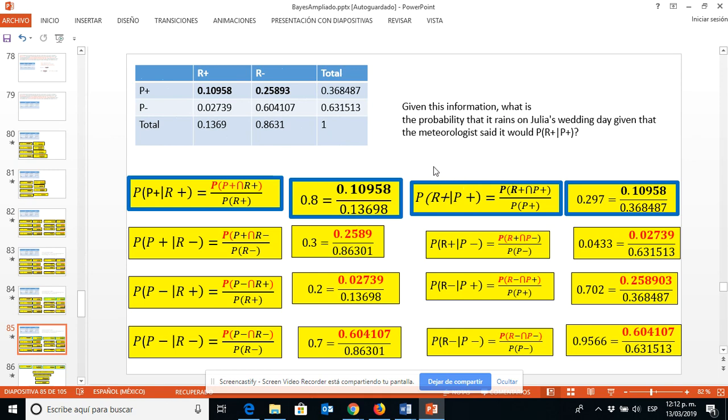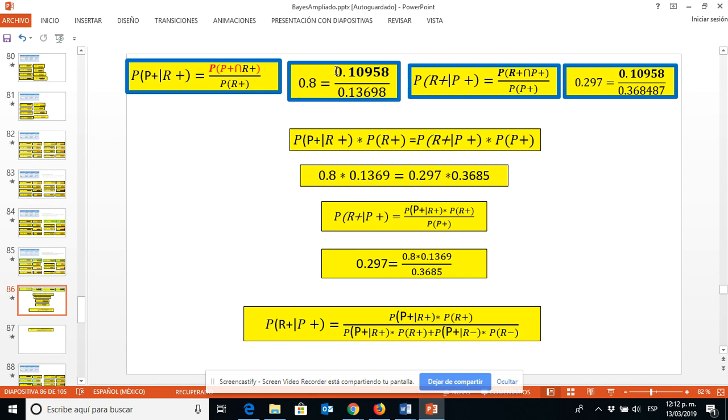What do these probabilities have in common? These two probabilities have the same numerator. And if they have the same numerator, we can express them as follows. The probability of P plus given R plus multiplied by the probability of R plus equals the probability of R plus given P plus multiplied by the probability of P plus. That means 0.8 multiplied by 0.1369 equals 0.10958.